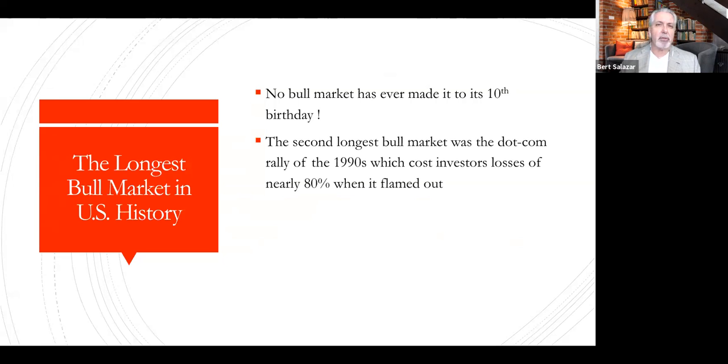By the way, for those of you who may not remember, because we humans have a tendency to forget a lot of the bad things that happened to us in the past, the second largest bull market in history was the dot-com market of the 1990s and the early 2000s. And obviously that one didn't end very well: almost 80% in losses after it was all said and done.